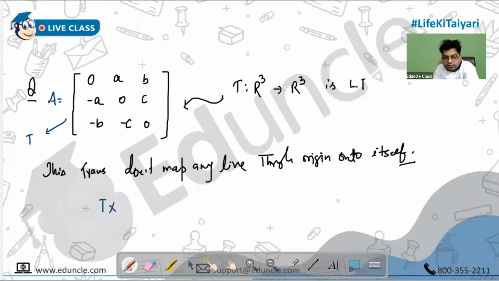Basically, T of x equals Ax, T is equal to A. If a linear transformation is given, you can find the matrix with the help of the standard basis. And if you have the matrix, then you can find the linear transformation with the help of Tx equals Ax.